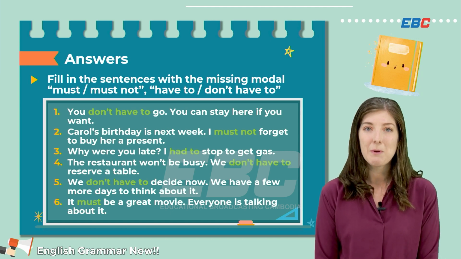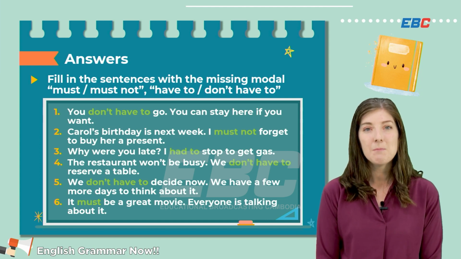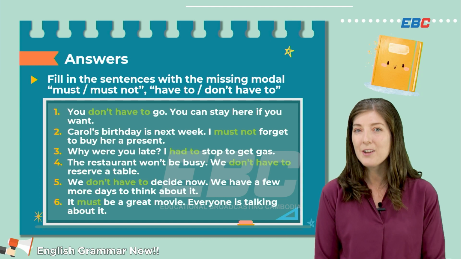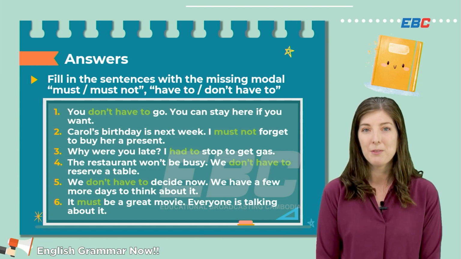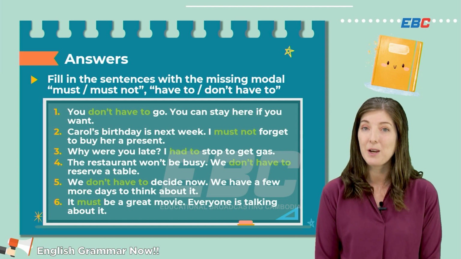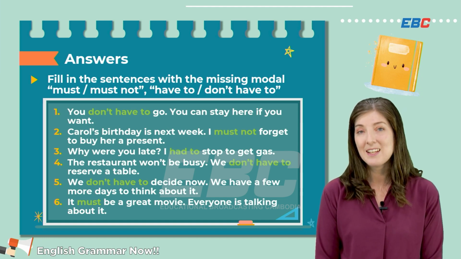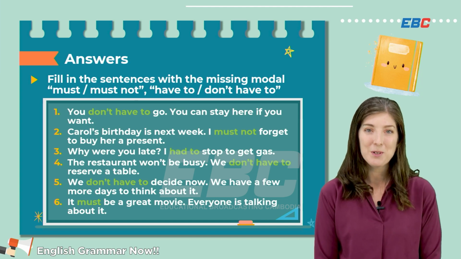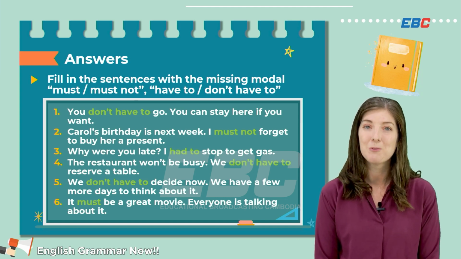Everyone is talking about it. For this last one, this is the meaning of must that says I am almost 100% sure about this. It seems like it must be a great movie. The reason is that everyone is talking about it. So I'm almost 100% sure it's a great movie.